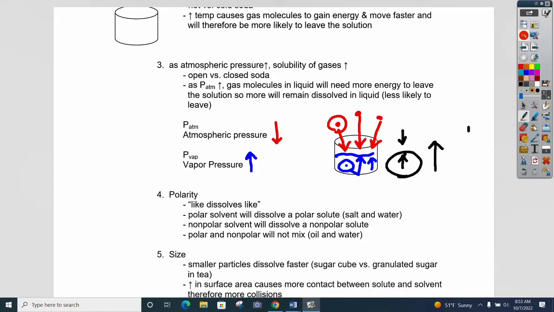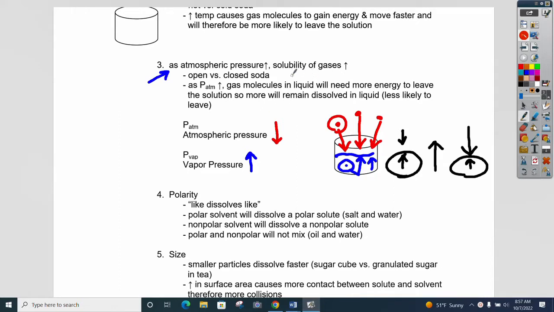If the opposite is true, if your downward force is greater than your upward force, then these molecules do not have enough energy to leave the solution, and therefore they remain dissolved, so solubility will be higher. So we can adjust the solubility, the amount of solute that dissolves, by changing the atmospheric pressure.